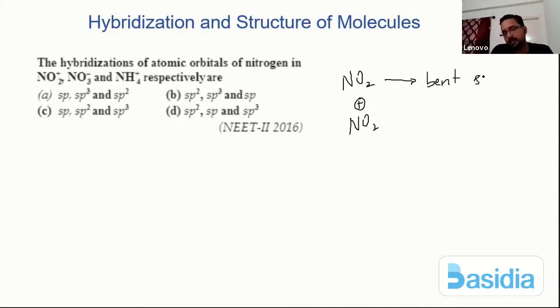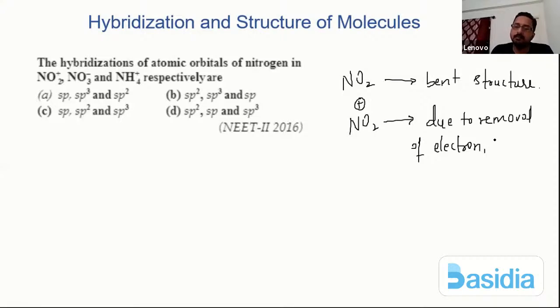We have just done this one, right? NO2 is definitely bent structure, with a bond angle of somewhere very close to 115.